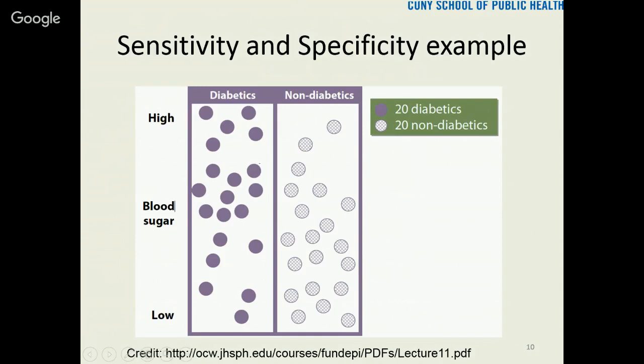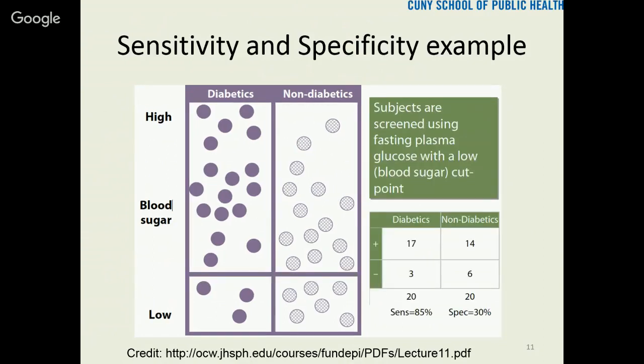So the key thing is that our measurement here is continuous. It's not just giving us a yes, no, you have diabetes or you don't. That depends on a threshold that you set. And you could set your threshold anywhere in here, depending on what your objectives are. You could set a low threshold. So if you have almost any blood glucose at all, and you're above that threshold, you get called diabetic.